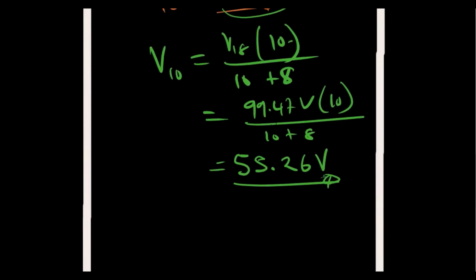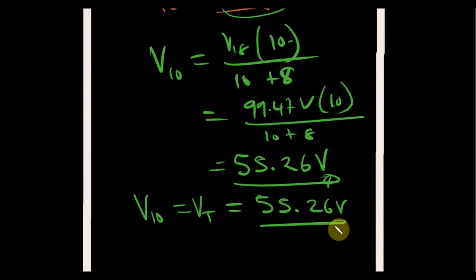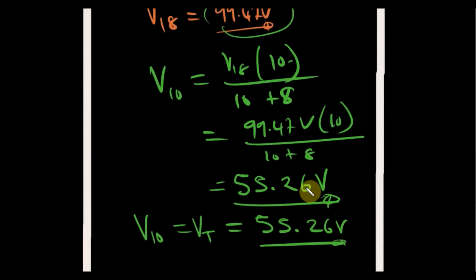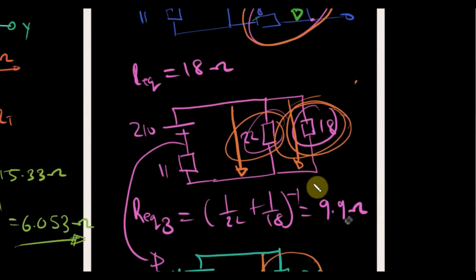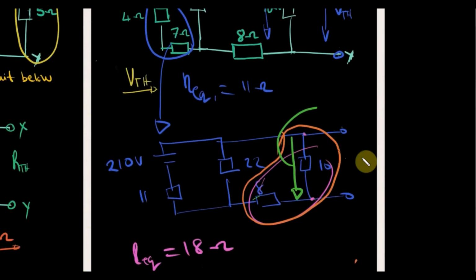which is also my Thevenin voltage. V10 is also equal to my Thevenin voltage, because I'm measuring Thevenin across the 10 ohm resistor.